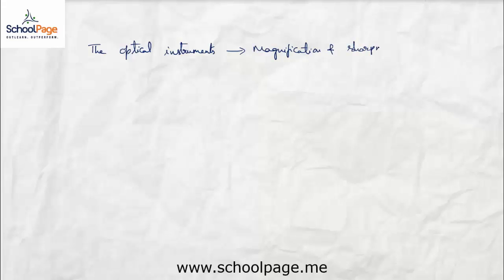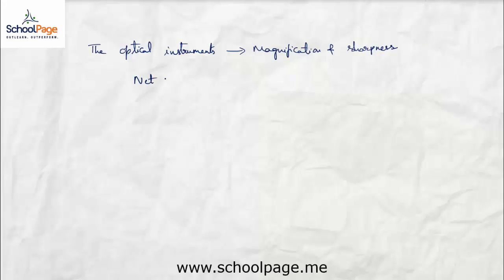The optical instruments consist of a number of lenses. They are combined to increase the magnification and sharpness of the image.